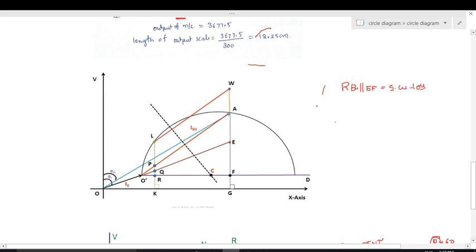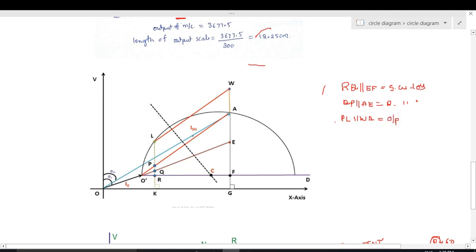In the same way, QP in parallel with AE is equal to rotor copper losses, and PL in parallel with WA is equal to output.